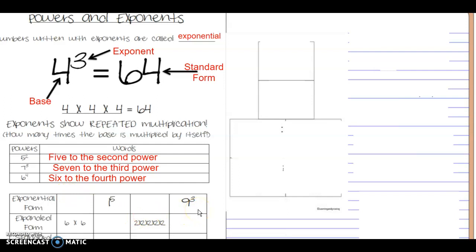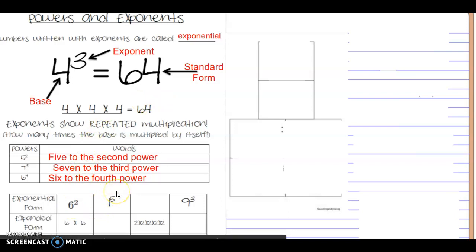Also, keep in mind that you want to be able to turn something from exponential form to expanded form to standard form. First we have 6 times 6. Well, we know 6 times 6 in exponential form is 6 to the 2nd power.